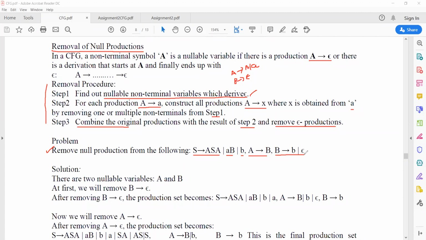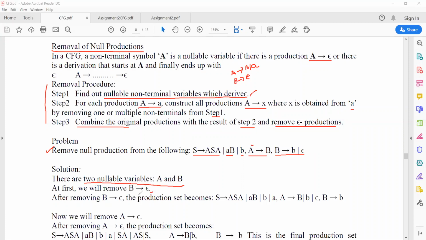So as you have B produces b and B produces null, you can eliminate B produces null first. There are two nullable variables you can easily find from that, A and B, because this is a unit production. So B produces null you have.